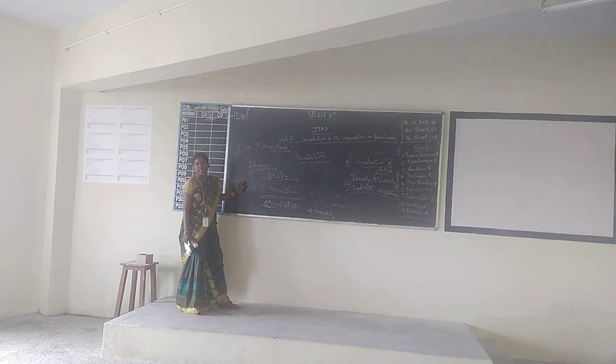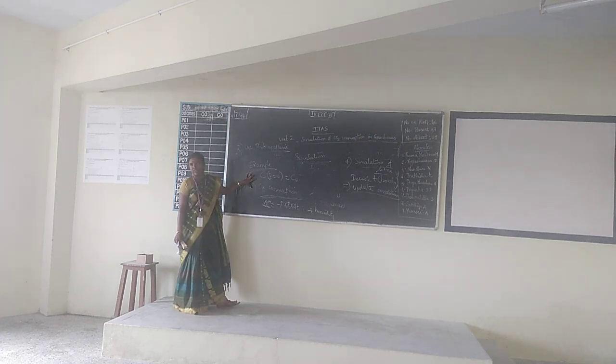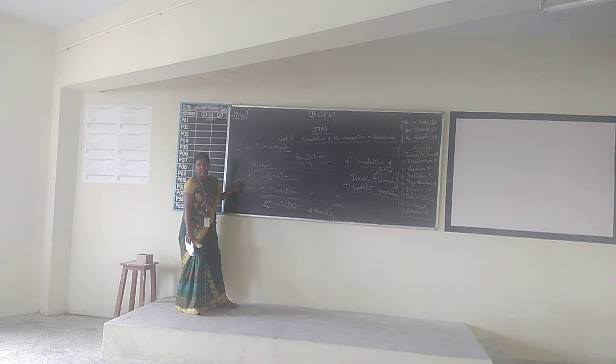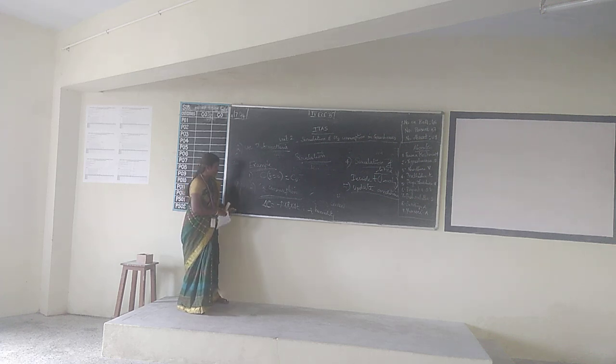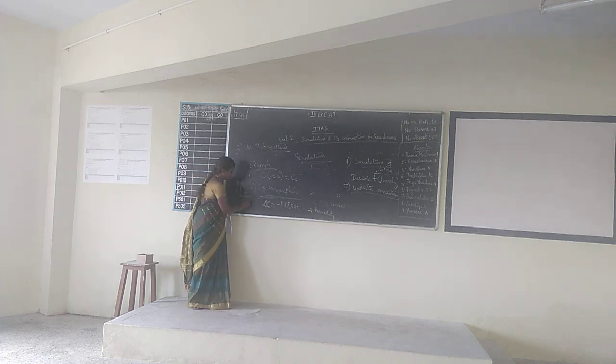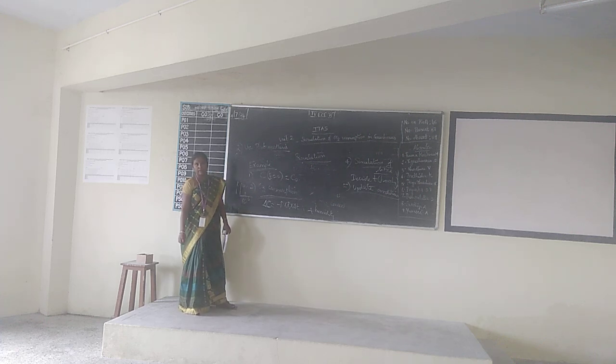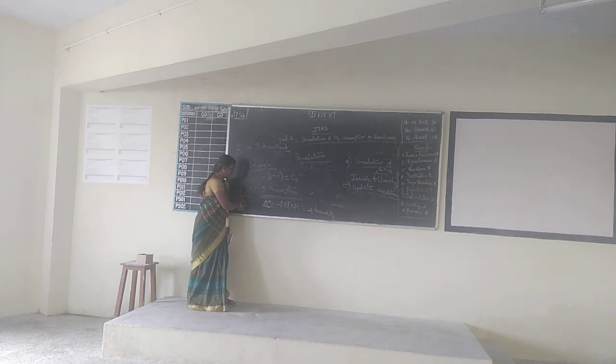Normally we have a 270 to 350 range of CO2 present in the atmosphere. We are calculating in terms of parts per million, that is 1 divided by 10 power 6. Out of this million, we have the 270 to 350 range.